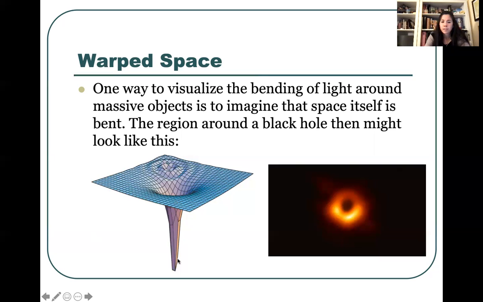And by having a very large mass, so something like a black hole there, you have something that is very steep, and you can think of light essentially going around that and falling in and not coming out. And so that essentially is a little bit of what you can see on that picture.